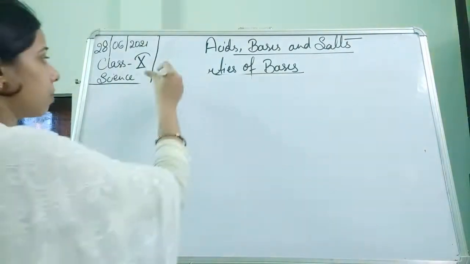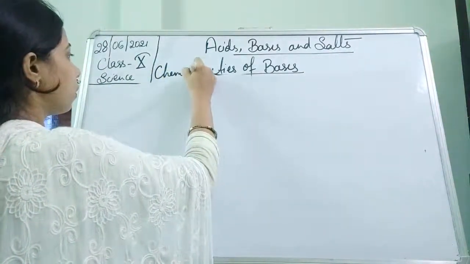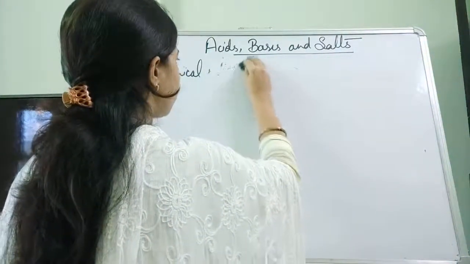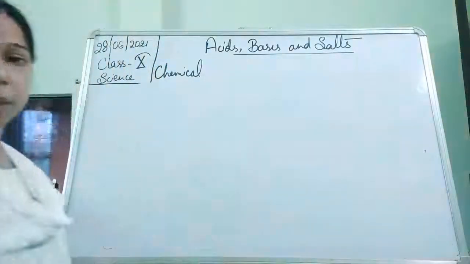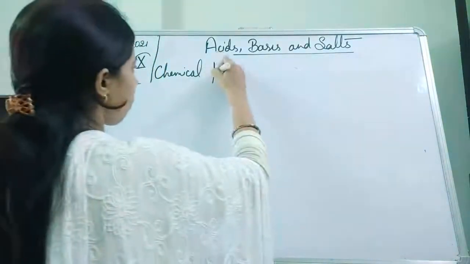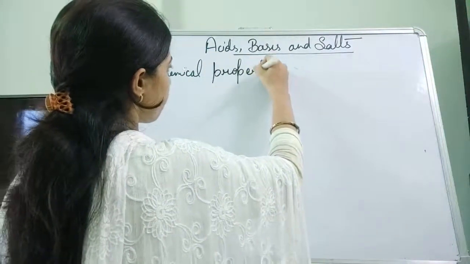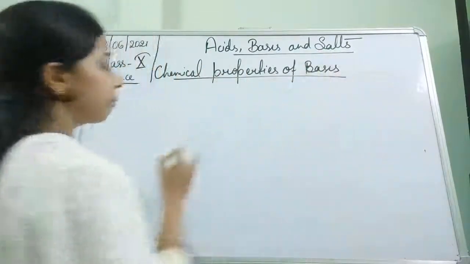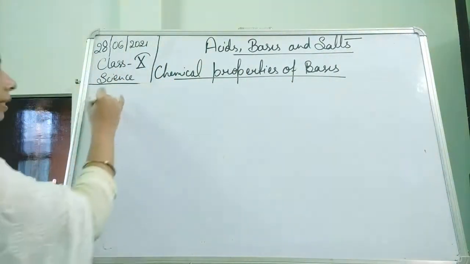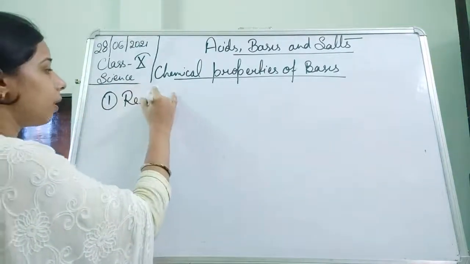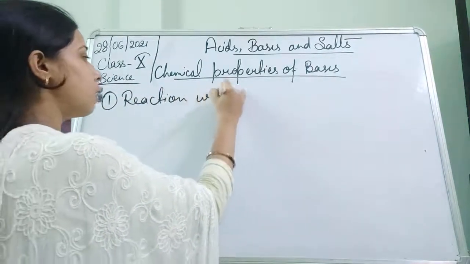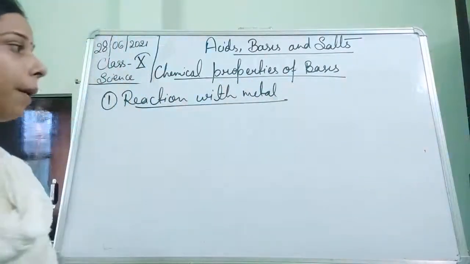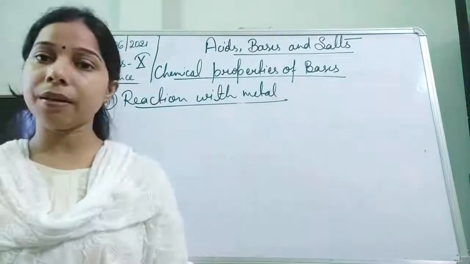Chemical properties of bases. The first property we will see is what happens when bases react with metals.